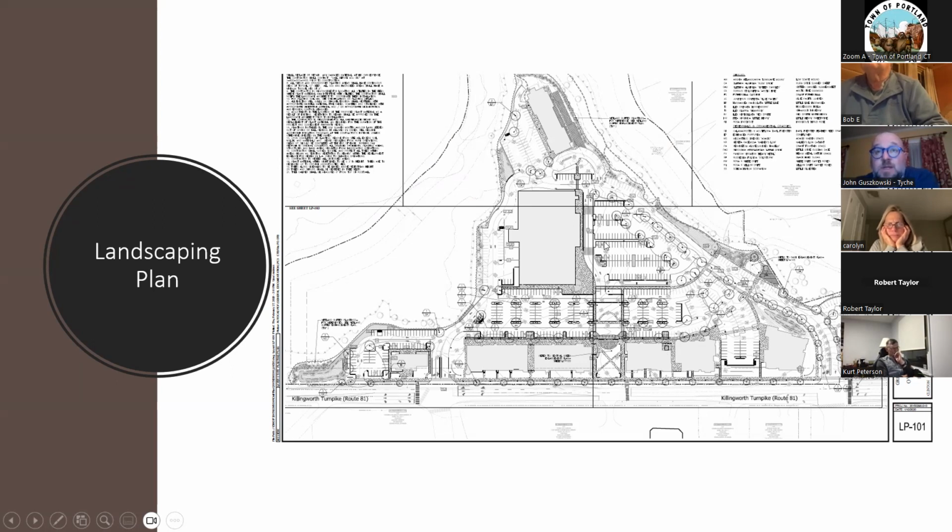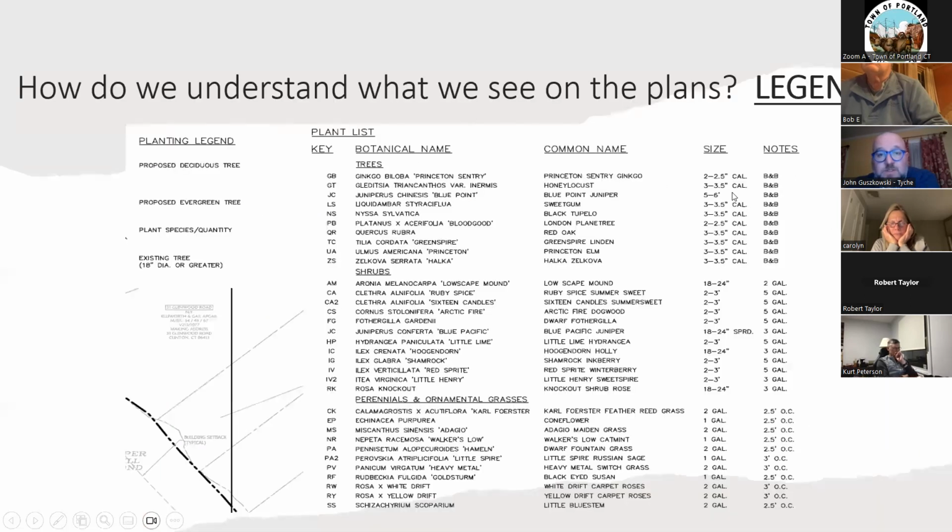What's really important in a plan like this is the legend. And so back up here, up in the upper right-hand corner, which is obviously you can't see very well, but we zoom in on the next screen, is the legend. And each of these, the circles for the trees, and the different landscape features are given a key.